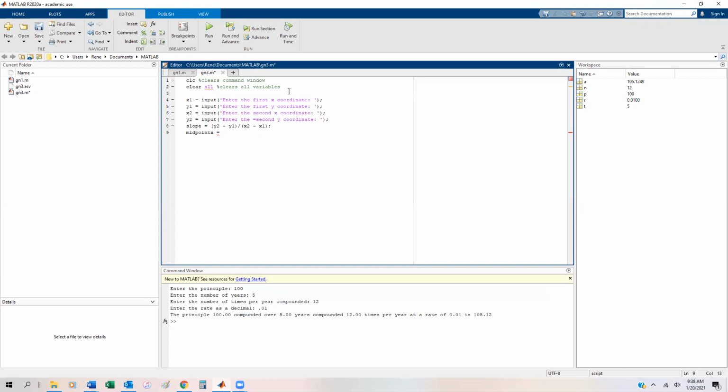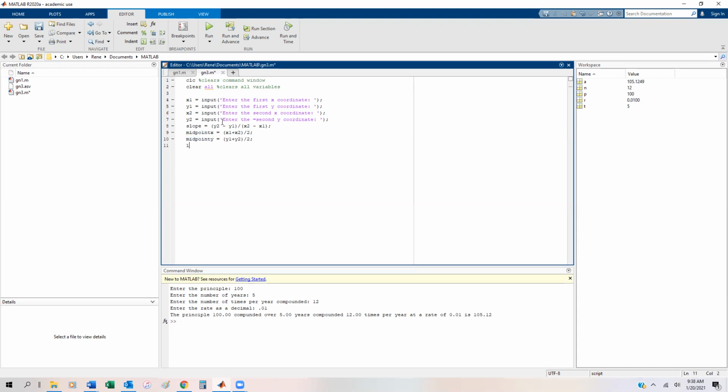So the midpoint of x is going to be equal to x1 plus x2 divided by 2. And I could just copy this and change everything to y's. So midpoint of y is going to be equal to y1 plus y2 over 2.